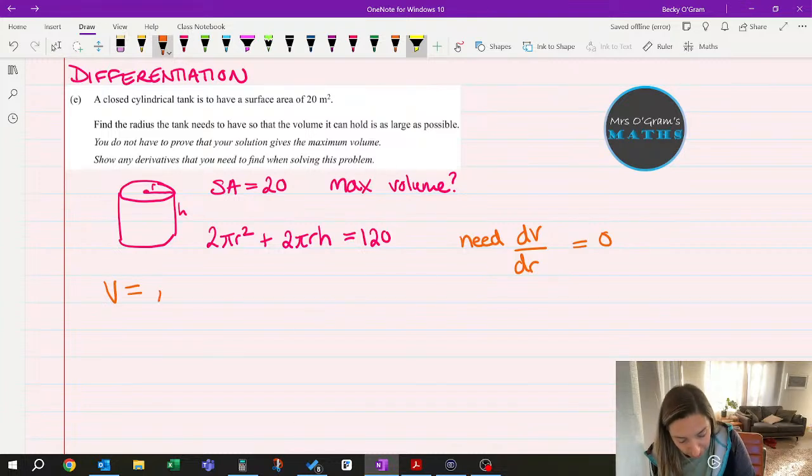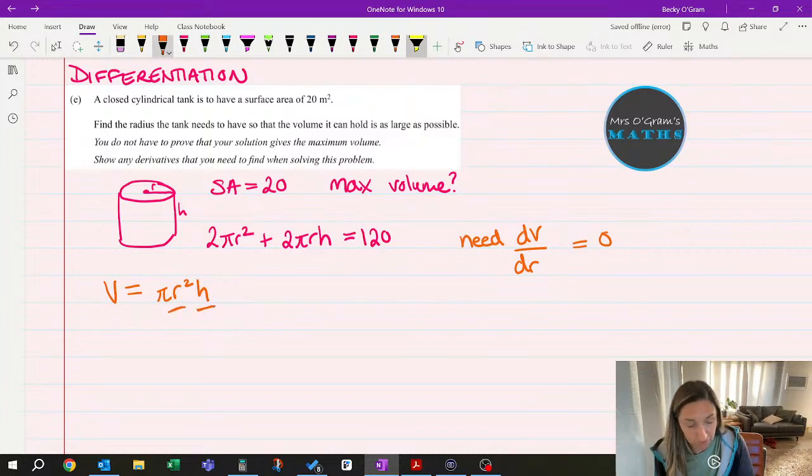So the area of the circle is pi r squared, and we want to times it by the height. Now we can't go straight into differentiating v as it is because we have two different variables. We've got the r and the h. We need to express one in terms of the other so that we've then just got an expression that only has one variable in it.